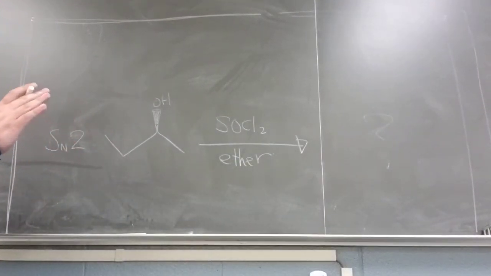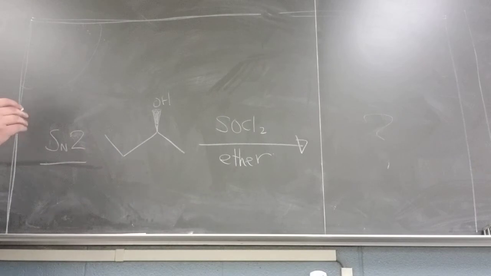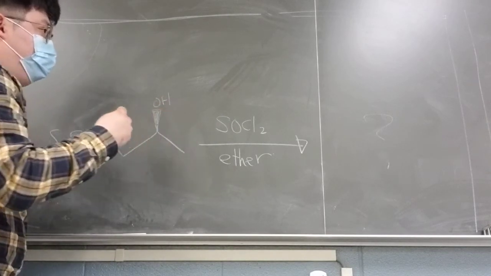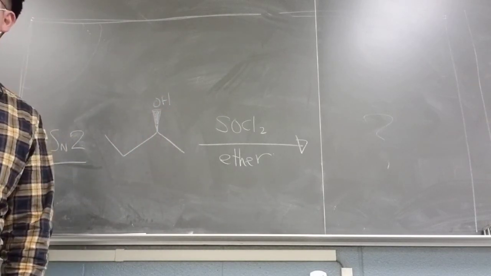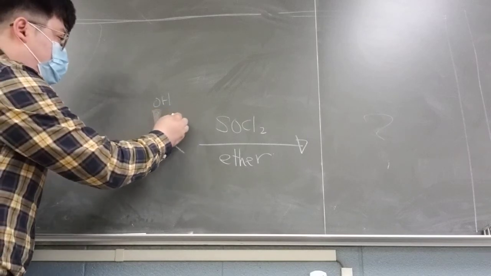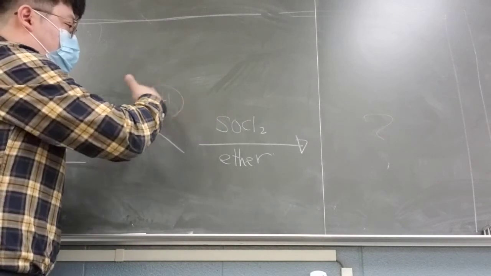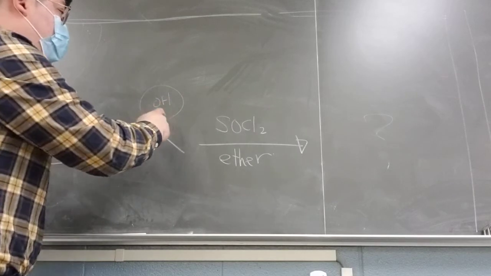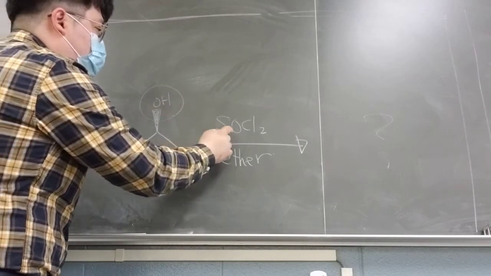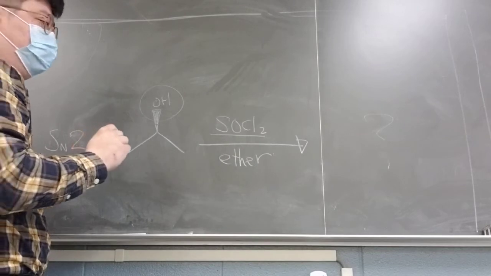So this is what we did for SN2. As you remember, if you look at the leaving group trend, this is a very poor leaving group. Hydroxyl group is a really poor leaving group. So to substitute this group, you need to use a special agent we call thionyl chloride.